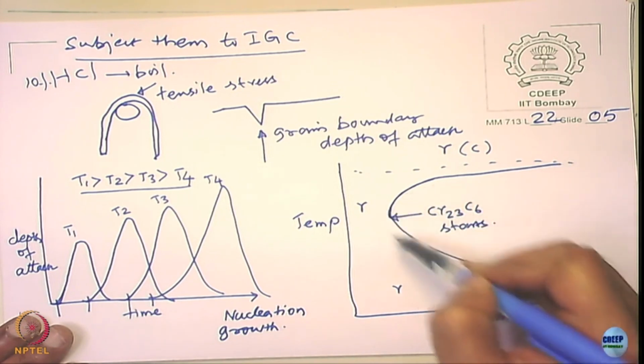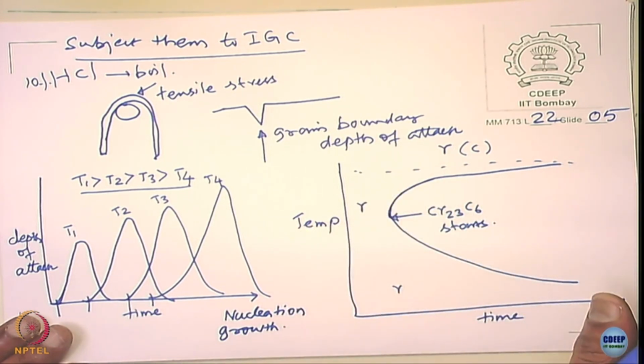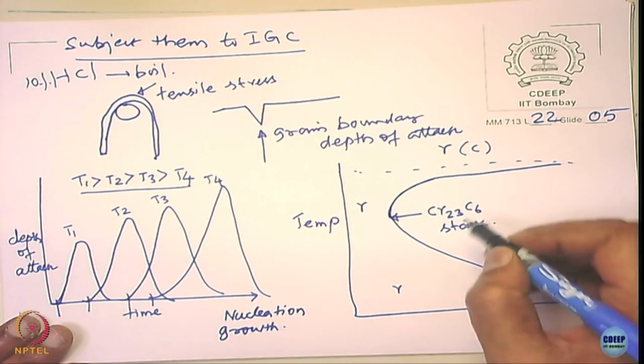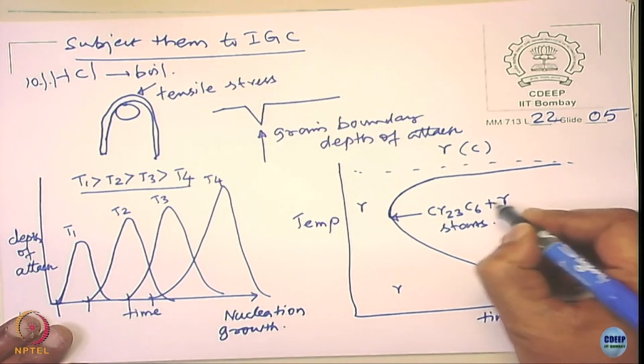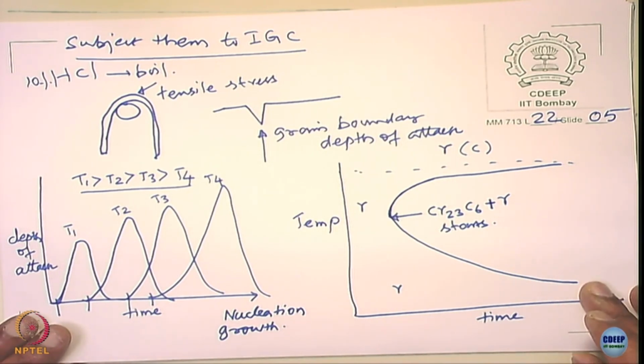So this is a typical TTT diagram, the time, temperature, transformation diagram. What is transforming here? The gamma is transforming into this one, of course, plus the gamma here. Please notice, if you look at this diagram, what is very clear here?